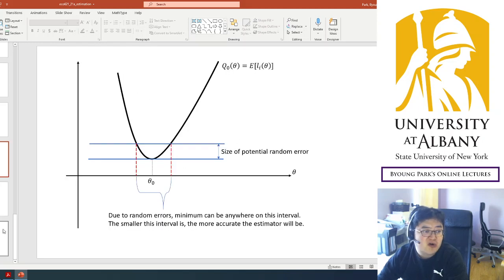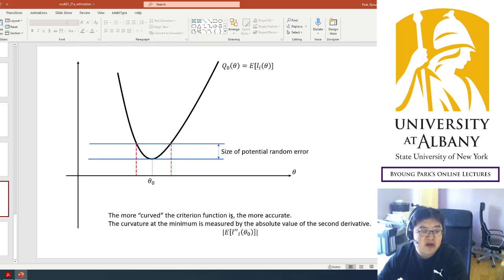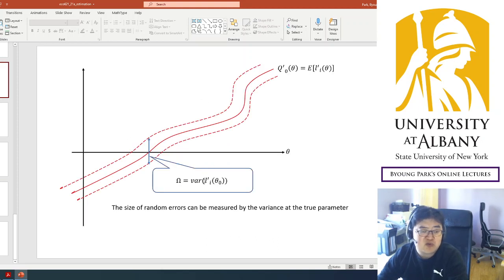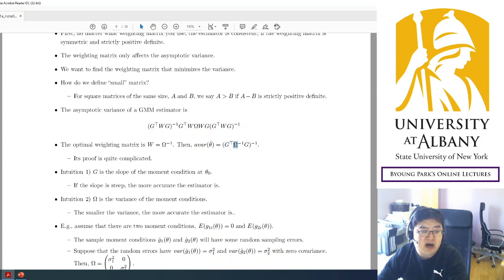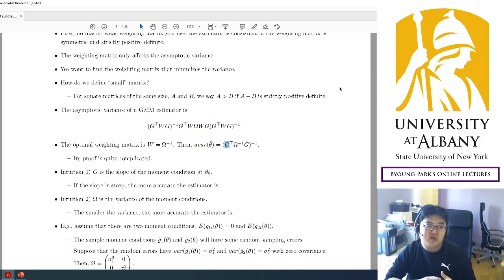The curvature, I explained it as a curvature, and the curvature depends on the second derivative of the log likelihood function. But now, remember, the variance was about the first derivative, and the curvature was about the second derivative. But in the GMM, the variance is about the moment function itself, and the curvature is replaced by the first derivative. So you have to reduce the order of the derivative by 1 when you compare the theory from the previous chapter to this one.